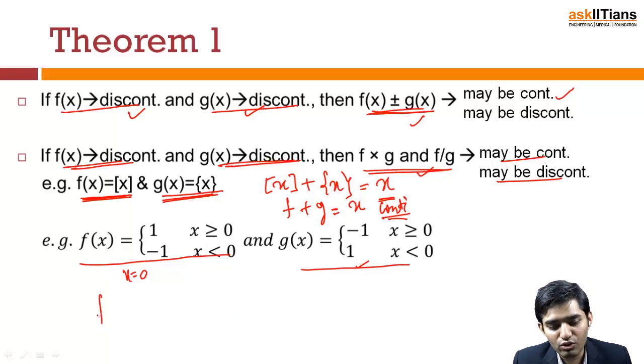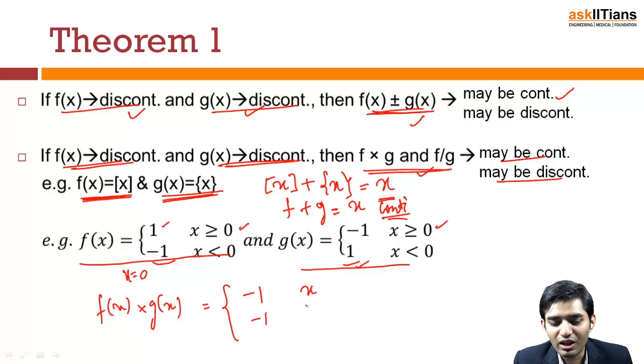Now if I multiply these, f(x) into g(x), what will I get? Okay, for x greater than or equal to 0, I will get 1 into minus 1, which is minus 1, and for x less than 0 also I will get 1 into minus 1, which is again minus 1. So this is basically minus 1 for all x, right?